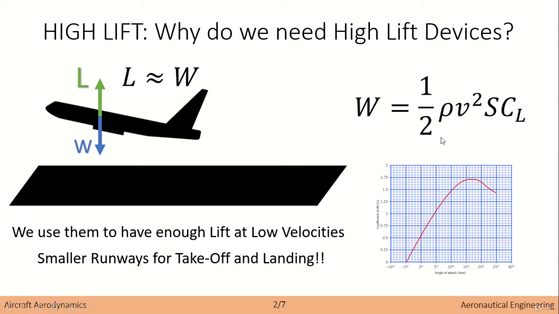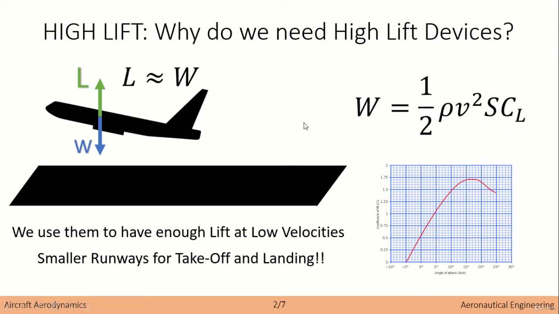So if all of these parameters have to meet a constant, then this means that if the velocity changes, which will happen when we are accelerating on the runway, and assuming the density is constant and the surface is constant, it must mean that the coefficient of lift has to change in order to provide more or less weight. And since the weight is constant, as I mentioned, if the velocity is small, we need a high coefficient of lift. And if the velocity is high, we need a small coefficient of lift. So these two variables will change one with respect to the other.